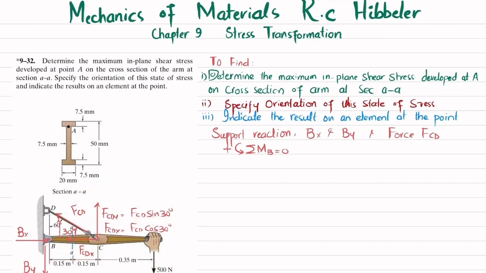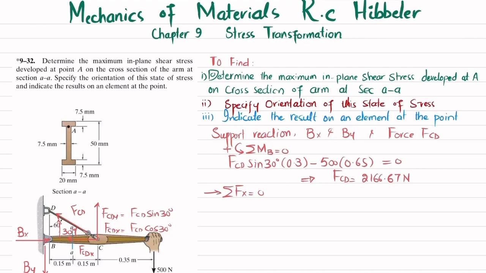So I will write FCD sine of 30 degrees times 0.3 minus 500 times 0.65 is equal to 0. From here you will get FCD equal to 2166.67 Newton.